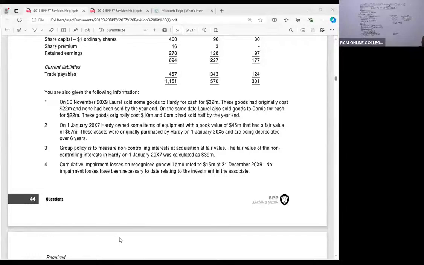So Paul tells me DOA is 220, DOF is 200. Thank you, Paul, for trying. Mary Ann, DOA is 163 and then 230 for the date of financial statements.